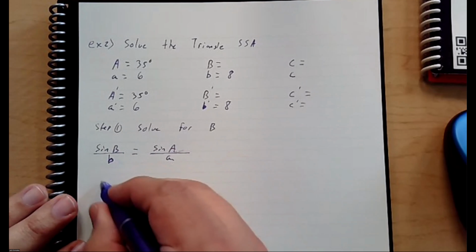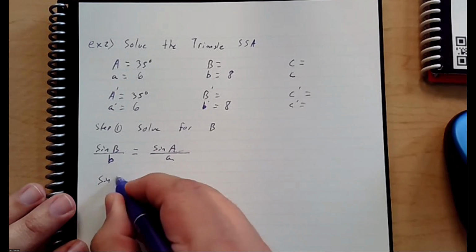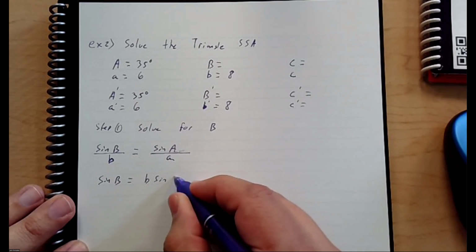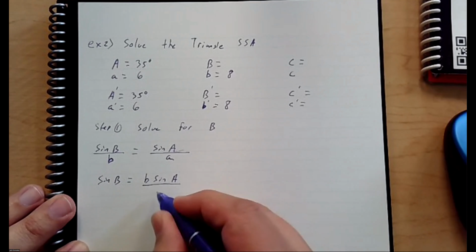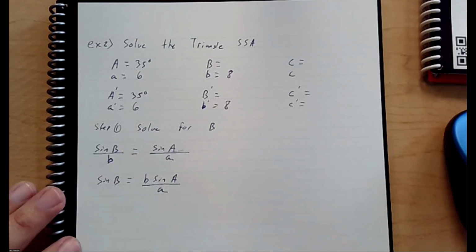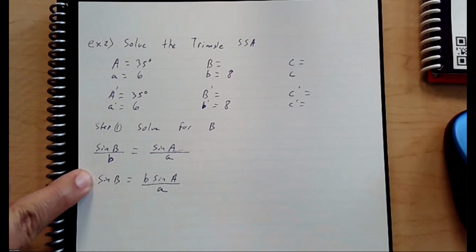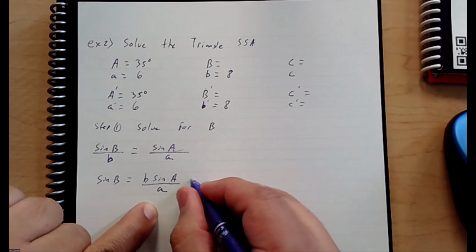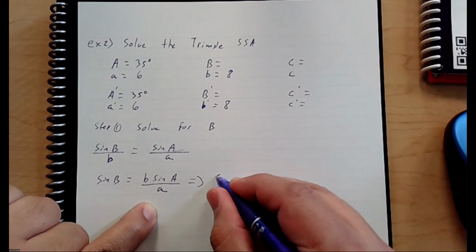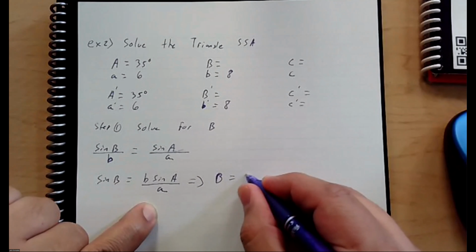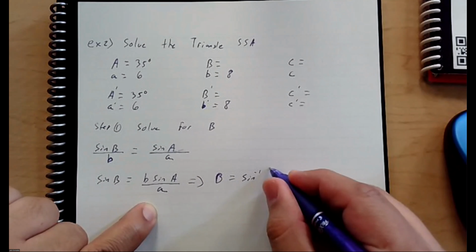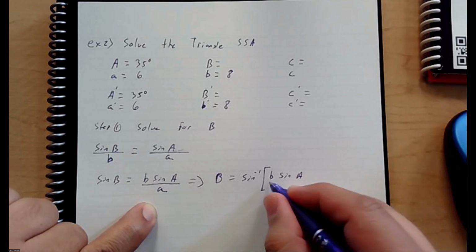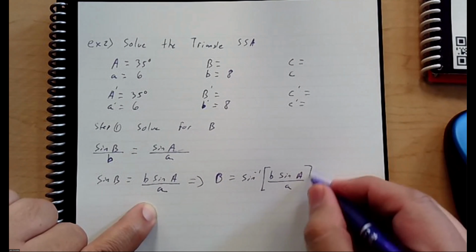Solve for B. I'm going to skip a minor step here. Is that okay? Multiply both sides by b, little b, get to here. Do sine inverse of both sides, that'll get us to here. Are there any questions on the algebra that I skipped?